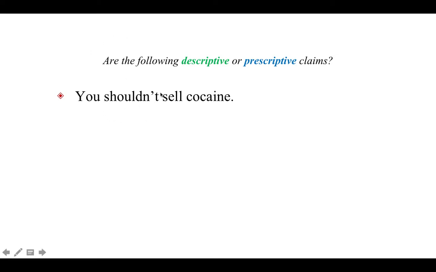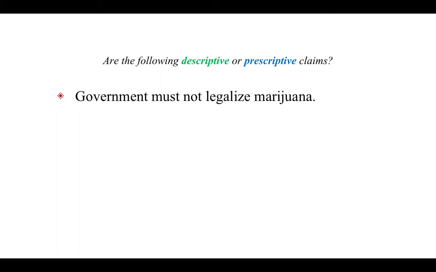Because of the word shouldn't here, as I mentioned before, the modal verb should not is telling you what it should be. Therefore, it is prescriptive, prescribing you that you should not do something. Okay? Here, the government must not legalize marijuana. So must not, therefore prescribing you. They're telling you, you must not.